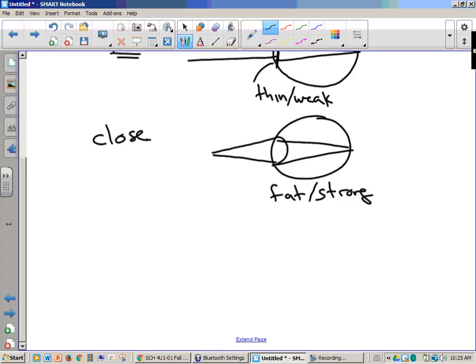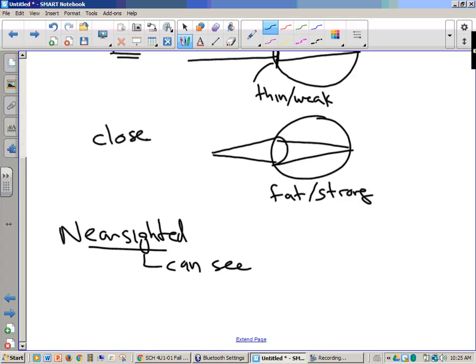So, nearsighted. Can see. If you're nearsighted, you can see near, right? You can see near. So, therefore, can't see far. So it's a problem with the far one.